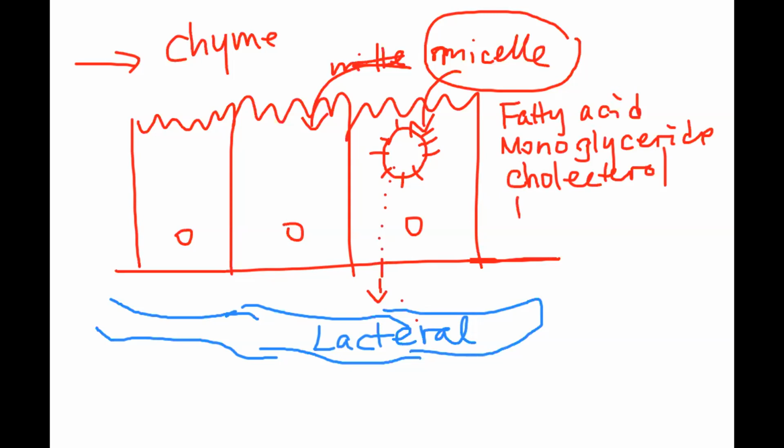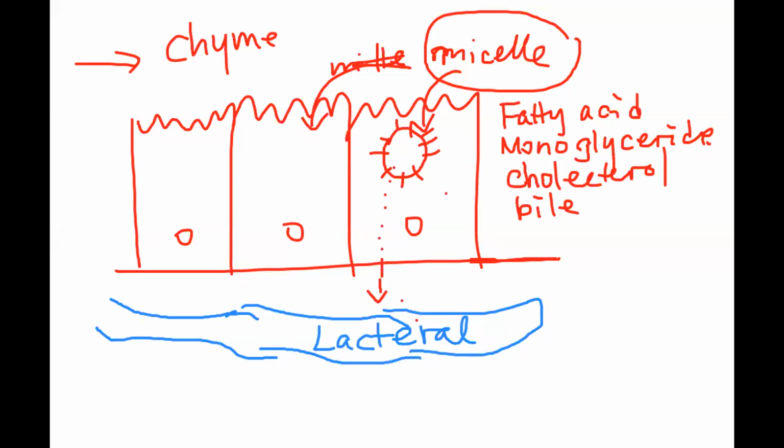And bile. Now all this stuff, the fatty acid in these columnar cells, can start to make monoglyceride again. As long as you have glycerol and fatty acid and enzyme, it can make a monoglyceride.